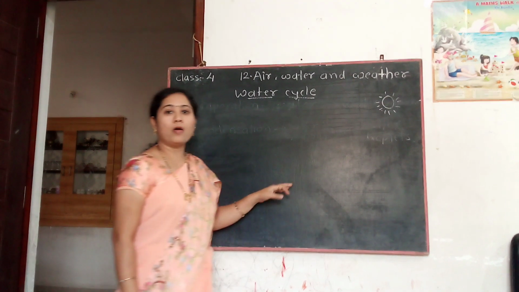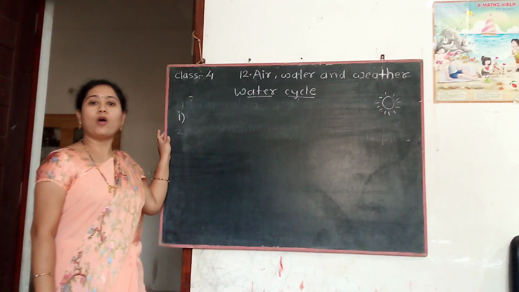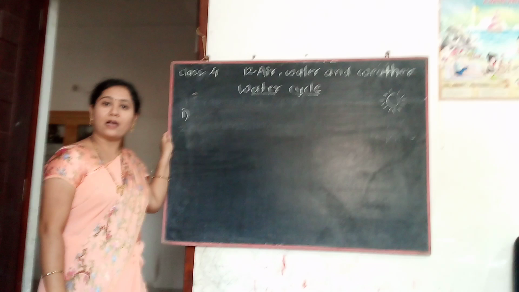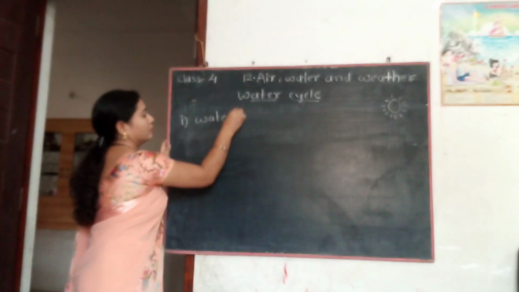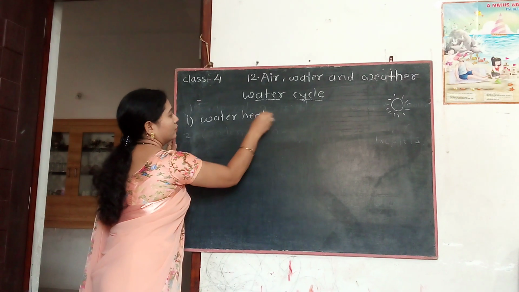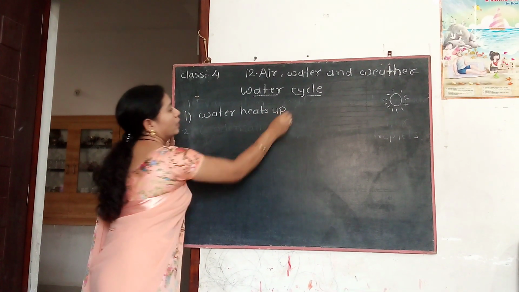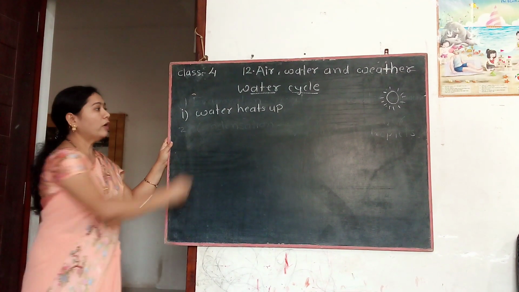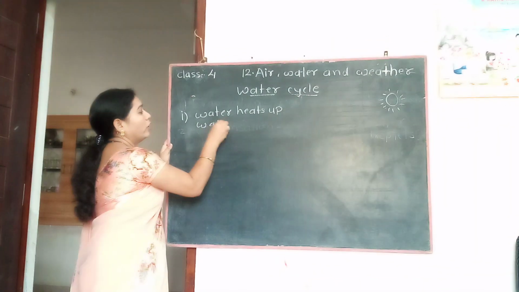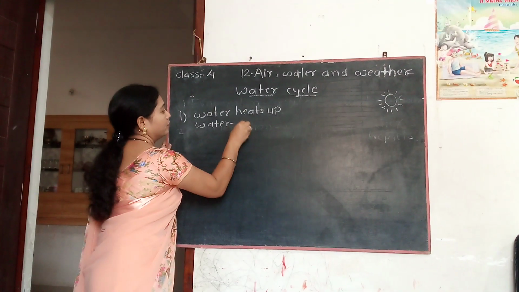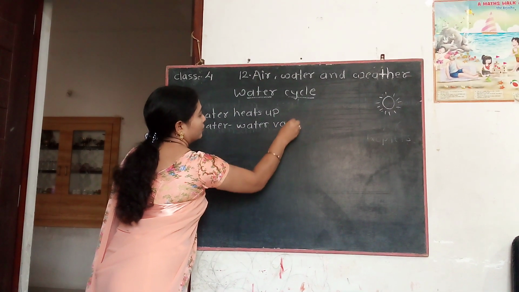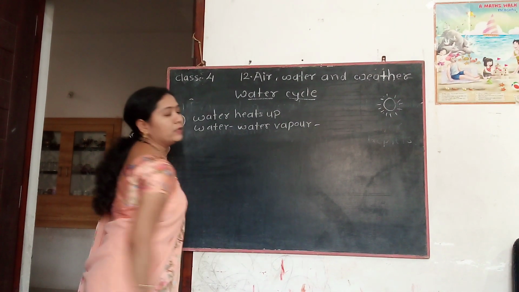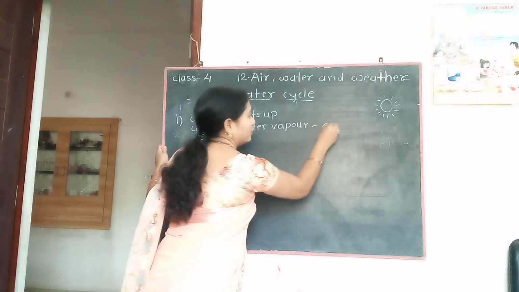the water from rivers, lakes, ponds, seas, etc. heats up. And due to heating, water changes to water vapor by the process of evaporation.